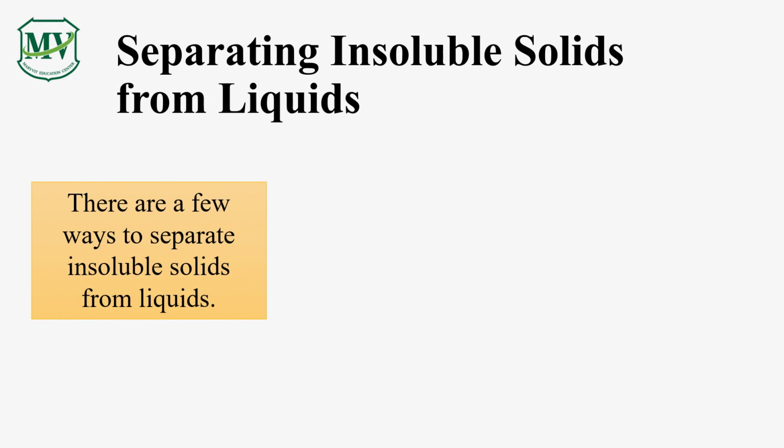There are a few ways to separate insoluble solids from liquids. Can you name the 3 techniques that will help us in separating insoluble solids from liquids? Yes, great job!